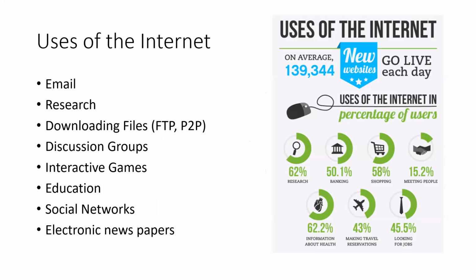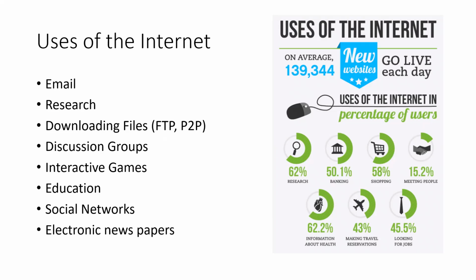Now we use the internet for email communication. It has the infrastructure needed for emails, for research, and also downloading applications using FTP or P2P. Then discussion groups, education, social networks, as well as electronic media, right?